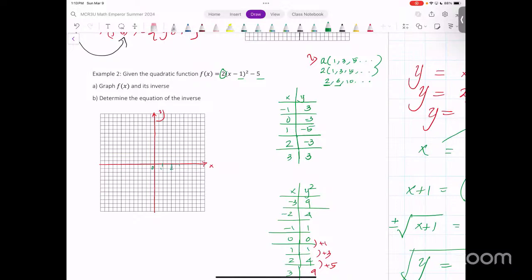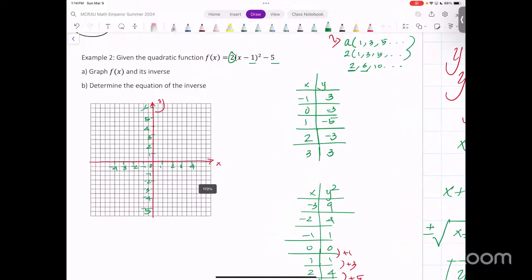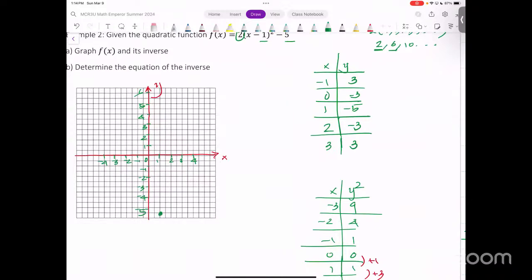1, 2, 3, 4. Negative 1, negative 2, negative 3, negative 4. That's 1, 2, 3, 4, 5, 6. Negative 1, negative 2, negative 3, negative 4, negative 5. So let's mark my vertex. 1, comma, negative 5. That's my vertex.